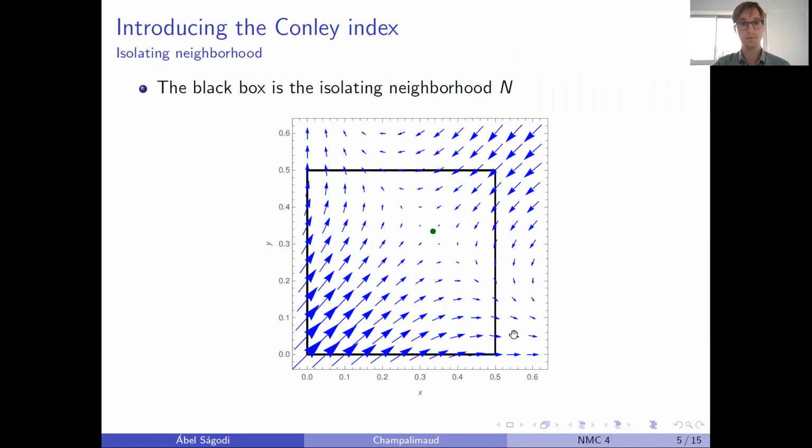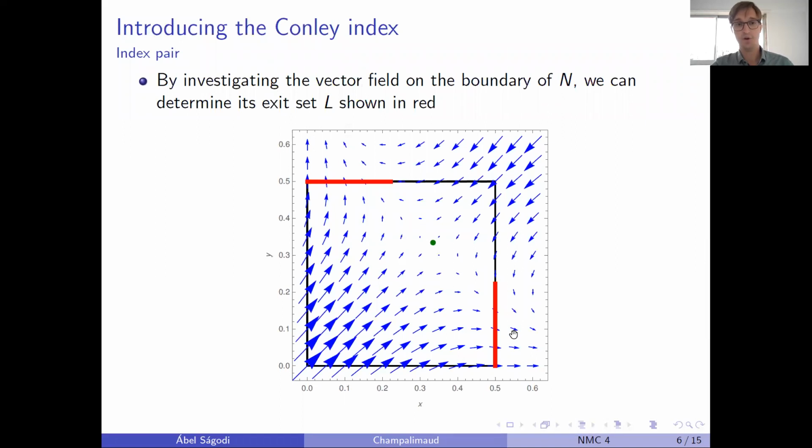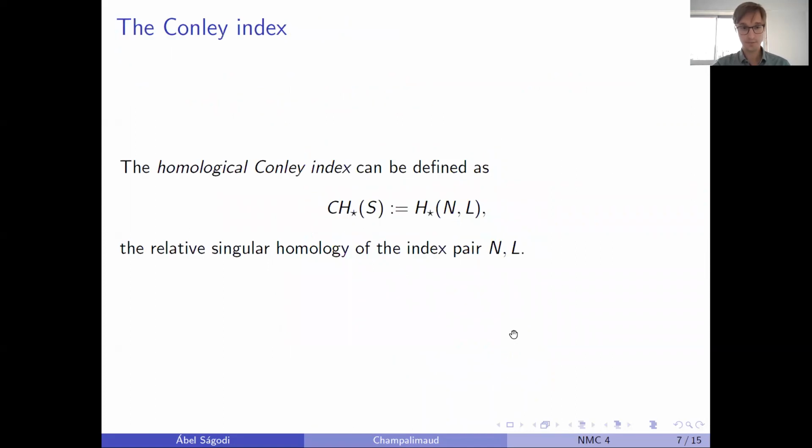For this, we will first define an isolated neighborhood, which in this case is given, for example, by this black box. And on the boundary of this, we can identify the so-called exit set, here shown in red.